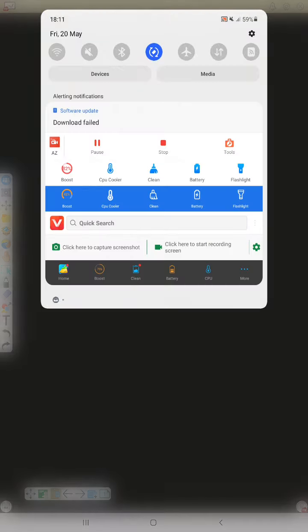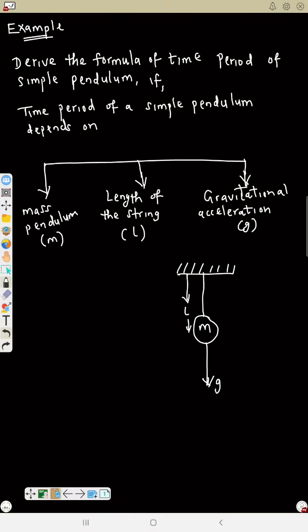So another example. Derive the formula of time period of a simple pendulum, if the time period of a simple pendulum depends on mass, length, and gravitational acceleration.